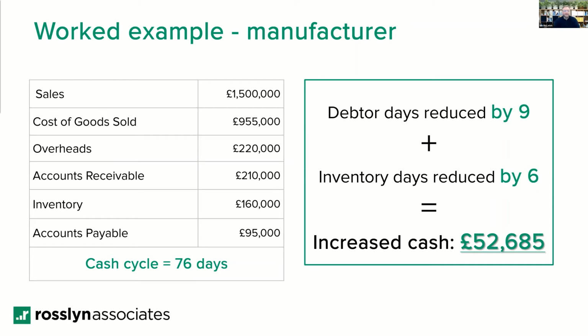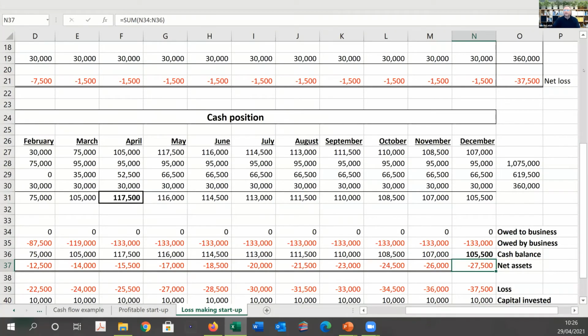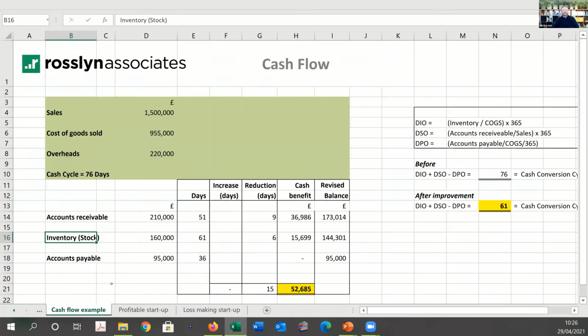Okay, let's actually do a worked example and see how to get this to work. Right, not that one. Let's go over here and go to the cash flow example. Right, this is the same company. So the calculation for anybody who's into that sort of thing is over here, but it's simply, as I explained, you divide your sales figure by 365.